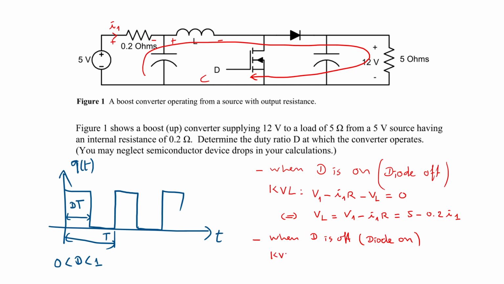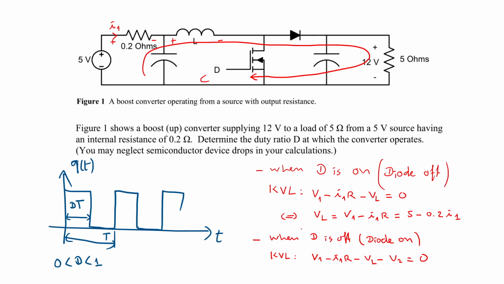So KVL again, you have V1 minus I1 R minus VL minus V2 equal to 0. Do you have any question up to this point?